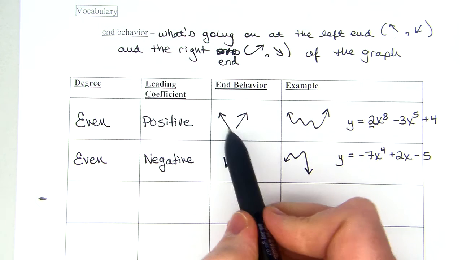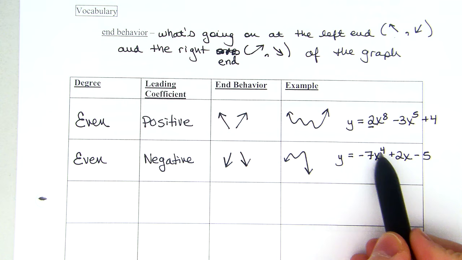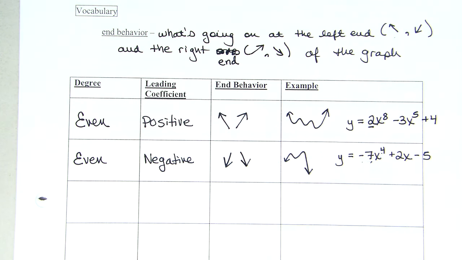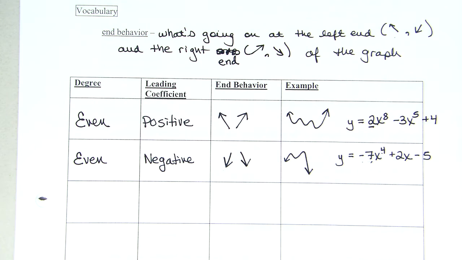Even positive would go up and up, even negative, down and down. And when I ask you in a moment, here's some random polynomial function, what's the end behavior? You're going to tell me the end behavior in terms of those arrows.